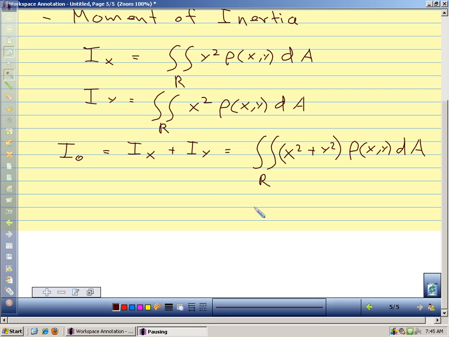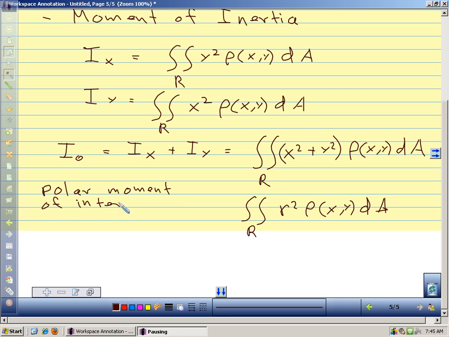And we could also write this as the double integral of r squared. And I sub 0 is called the polar moment of inertia, or the second moment about the z-axis.